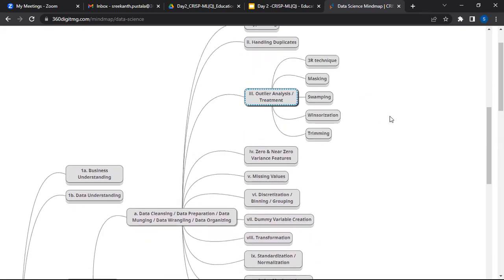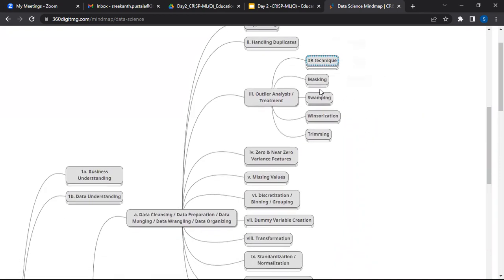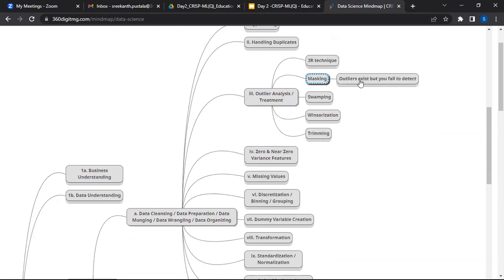So when we have outliers, outliers are extreme values in the data. The three techniques we are going to use are rectify, retain, and remove. We have masking: outliers exist, but you fail to detect outliers. So it is a false negative. And we have swamping: detecting non-outliers as outliers.